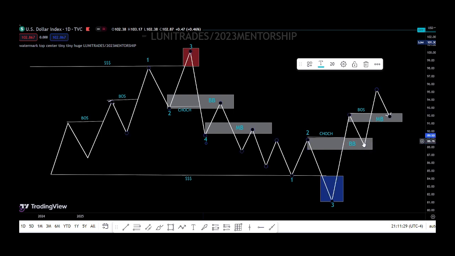Then you expect price to return here, then break this high. After price breaks this high, we expect price to get back inside. So you take the last up candle again, extend it past this leg, then you expect price to get into it. You call that the mitigation block.